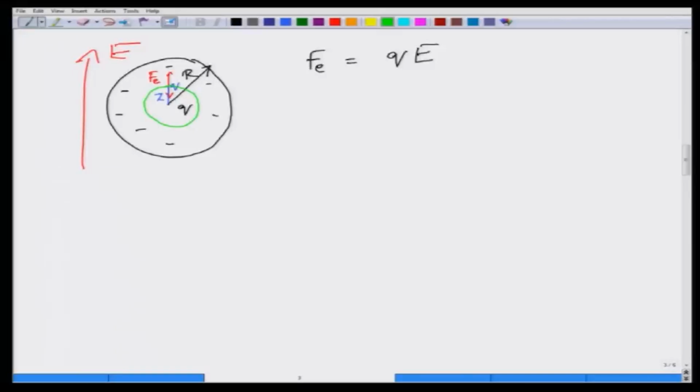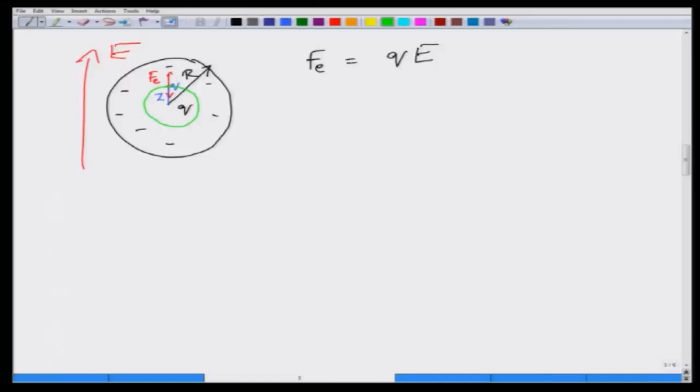Now I need to calculate the force at a point z. How do I calculate the force? I can first find the field, and from the field multiply by the value of q. So momentarily remove the nucleus, calculate the field at this point, and then multiply the field by the charge, and you are going to get the restoring force.